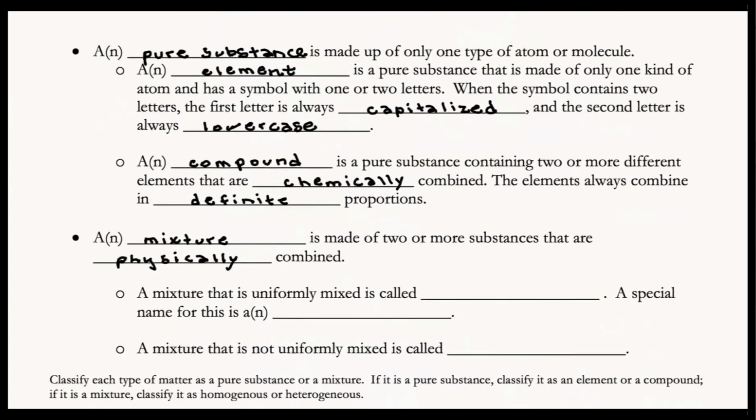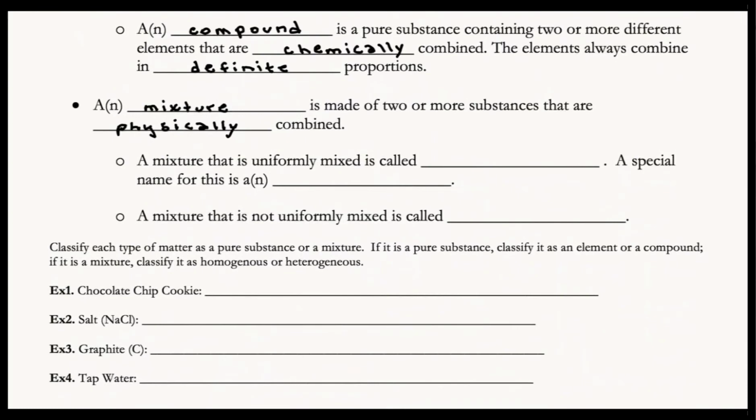It's physically combined. All right, a mixture that is uniformly mixed is called homogeneous. And a special name for this is that we say that it is a solution. So you use solutions in your everyday lives. If you've ever drunk soda, that was a solution.